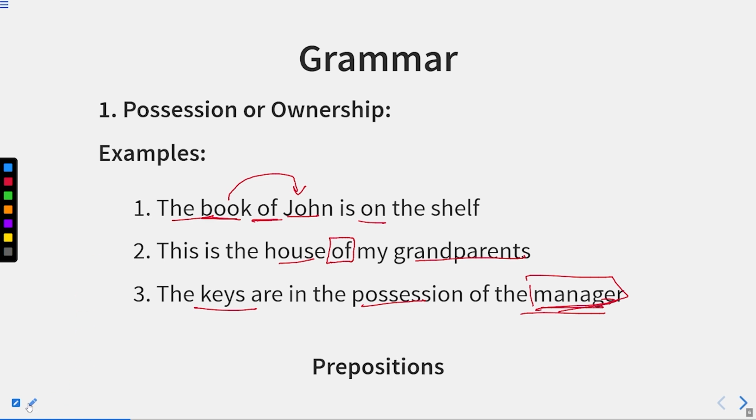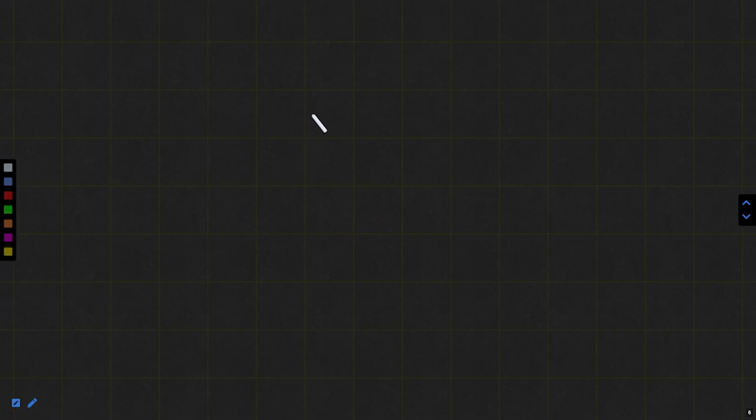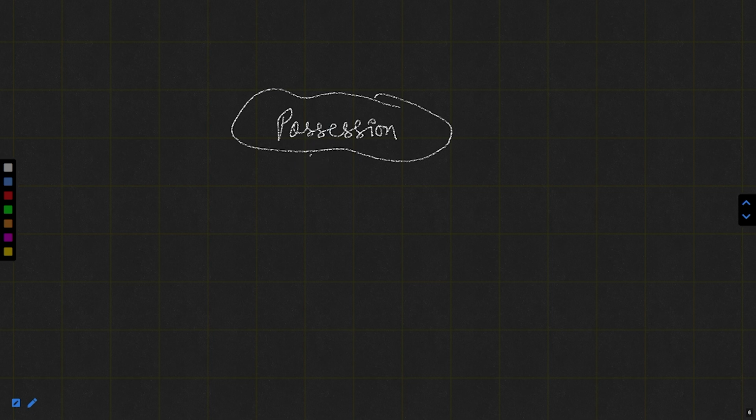Now, one more thing is there. Suppose we have to show the possession. Now, we can have two types of things. Now, traditionally, we used to use this method, though it is used now as well. But today, we can use another parts as well. Now, to show the possession, we can either show the possession of a living thing or living being, or of the non-living thing.